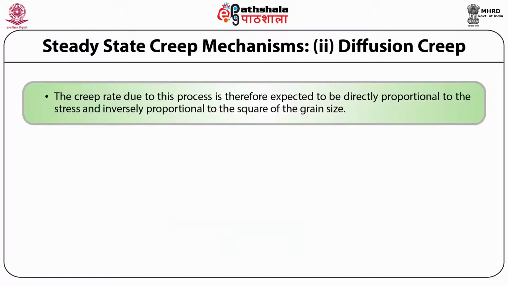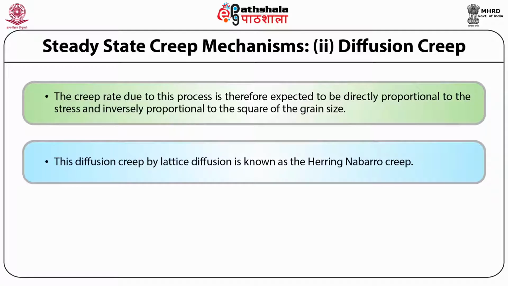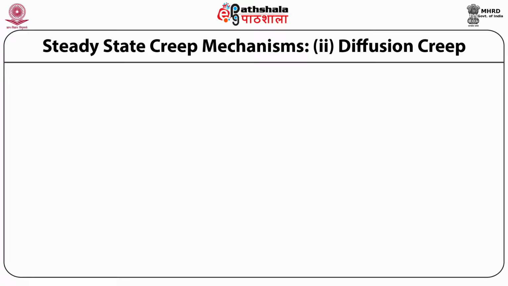So the creep rate due to this process is therefore expected to be directly proportional to the stress and inversely proportional to the square of the grain size. So this diffusion creep by lattice diffusion is known as Herring-Nabarro creep.